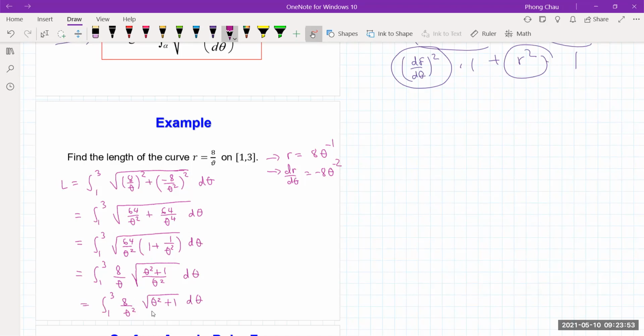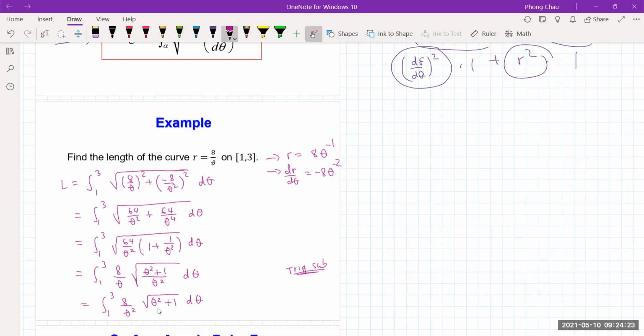Now from here, you can probably see if we're going to integrate this by hand, the thing that comes to my mind is the square root of something squared here, right? But that is when we have to use trig sub. So you're going to let theta be some angle, either a sine or a tangent or a secant.